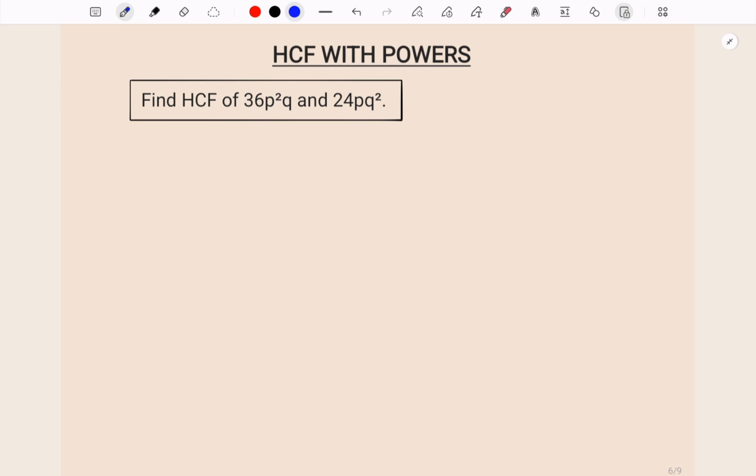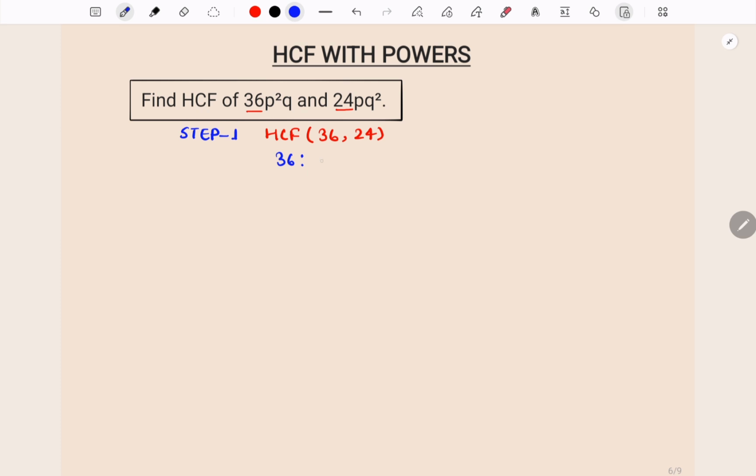Here we need to find the HCF of 36 p squared q and 24 pq squared. So we will start with step 1, and step 1 is about finding the HCF of the numbers. So we need to find the HCF of 36 and 24, right? So let me just write down the factors of 36 first.